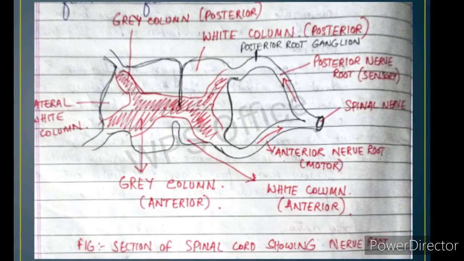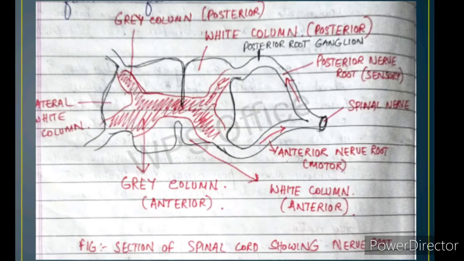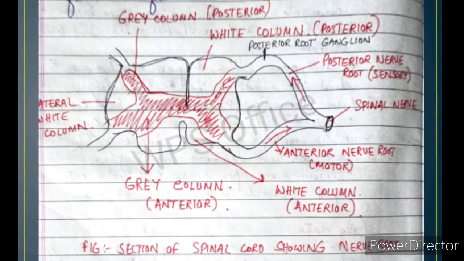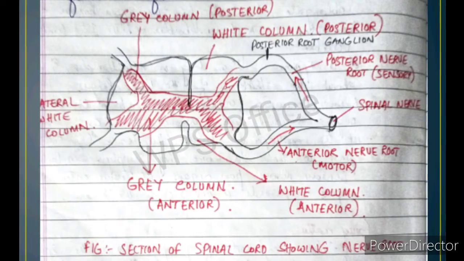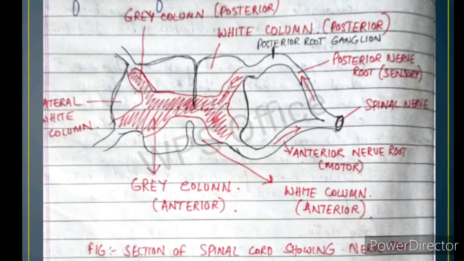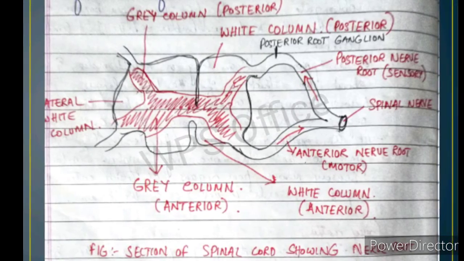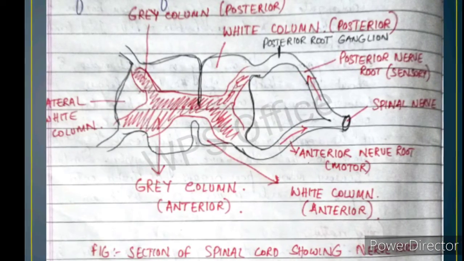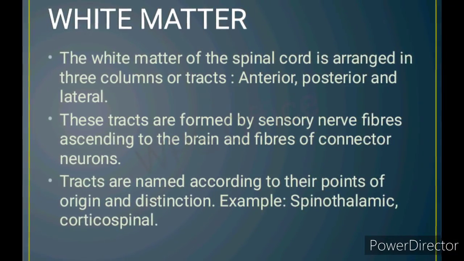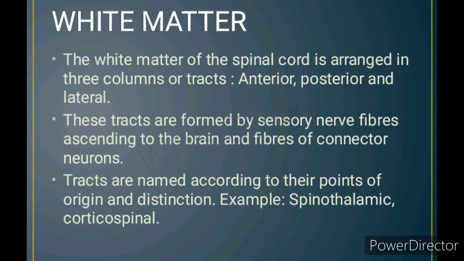So there is the anterior nerve root and the posterior nerve root. The posterior nerve root is responsible for sensory, and the anterior nerve root is responsible for motor. Then the white matter is also composed of posterior, anterior, and lateral columns.